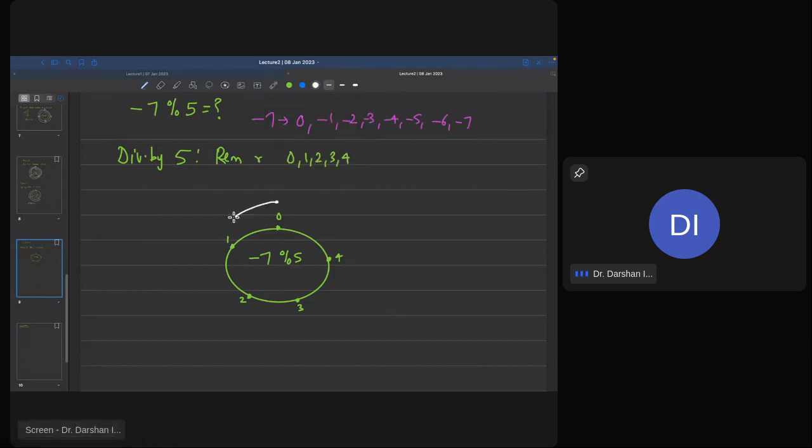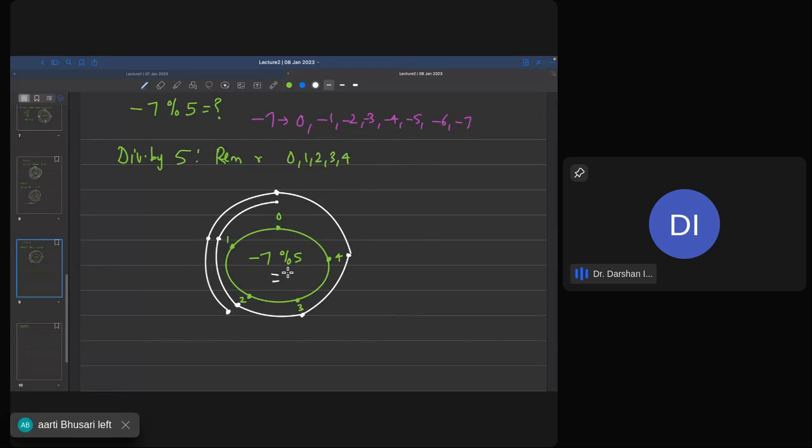Minus 1, minus 2, minus 3, minus 4, minus 5, minus 6, minus 7.